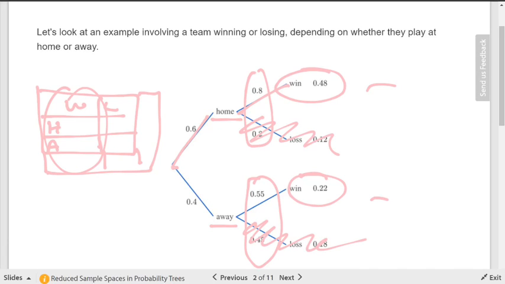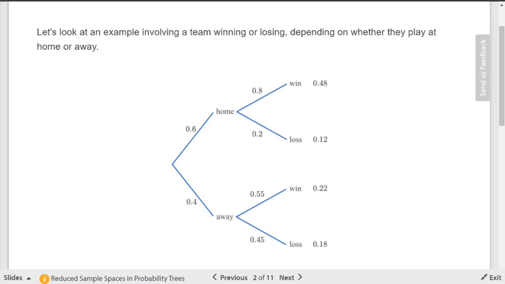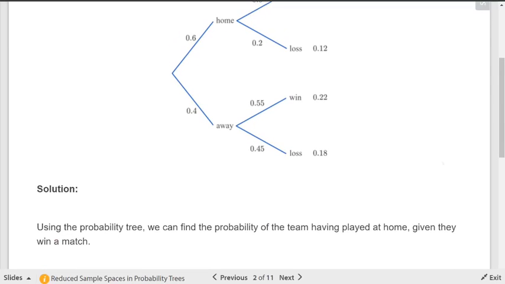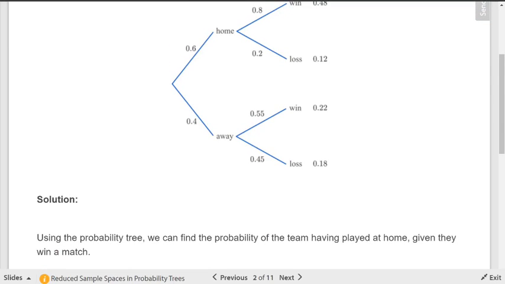All right, so there's our tree. Let me just get rid of all the junk I wrote on it. All right, so there's the tree showing all the probabilities. Nothing's missing, so we don't have to worry about that. Let's look at our question. Using the probability tree, we can find the probability of the team played at home given that they win a match.